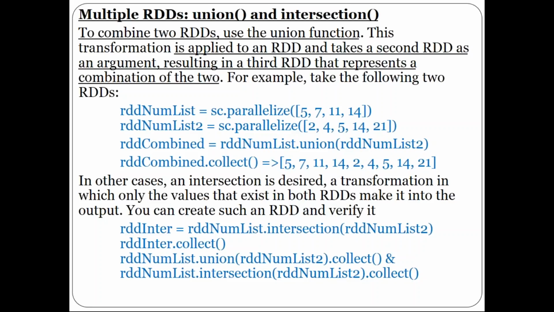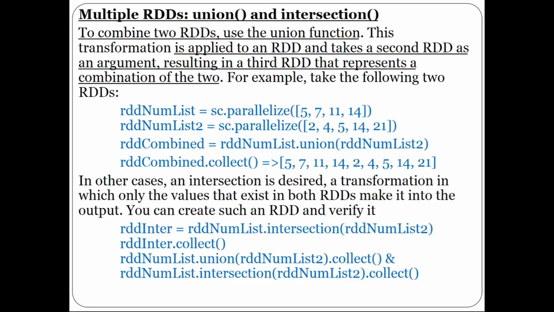The one on which you are applying is an RDD, and the second RDD always becomes an argument, resulting in a third RDD that represents the combination of the two. Fairly simple.